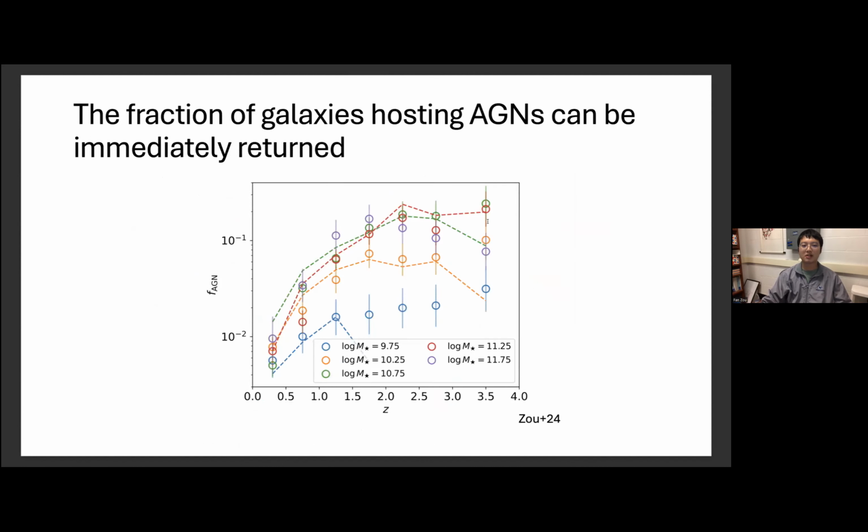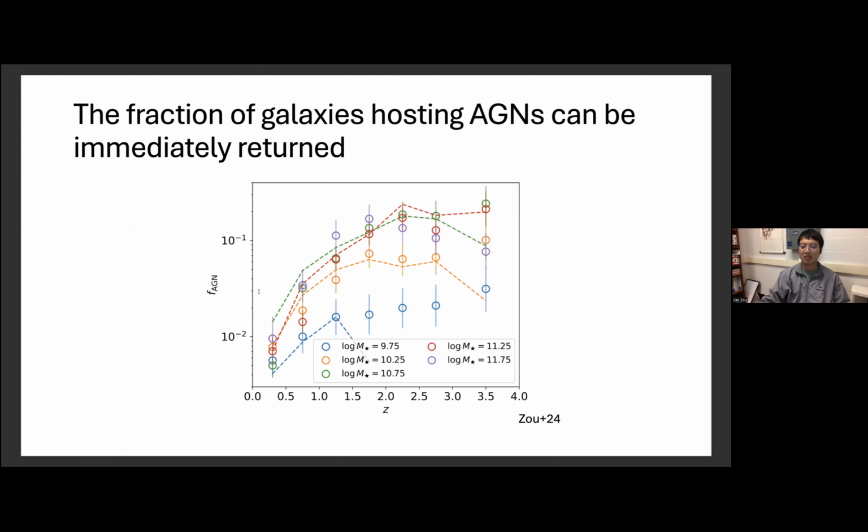And also, with the accretion distribution, we can immediately obtain the fraction of galaxies hosting AGNs, because this quantity is just an integration of the accretion distribution. So here I'm showing the AGN fraction versus redshift at different stellar mass bins. And actually, you can see the dependence is quite complicated.